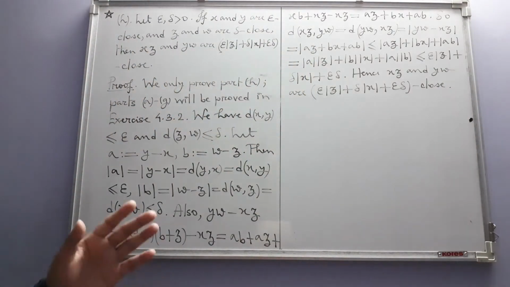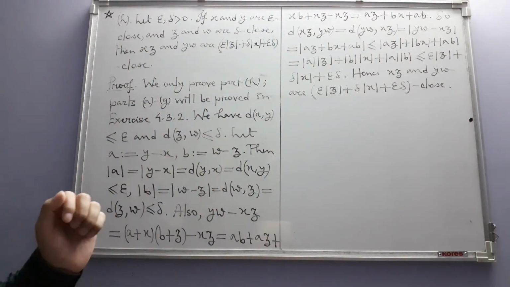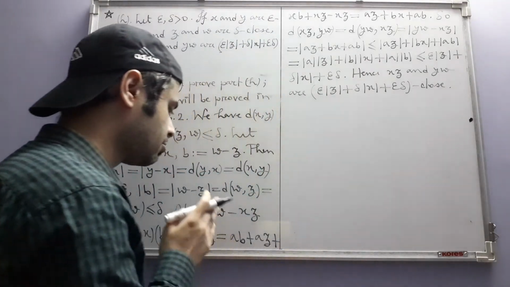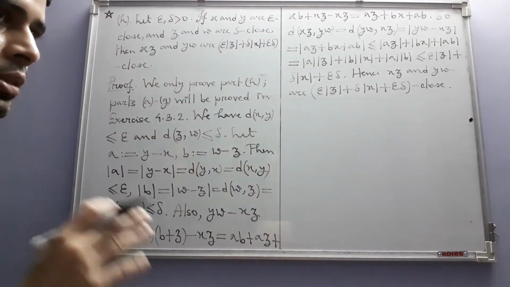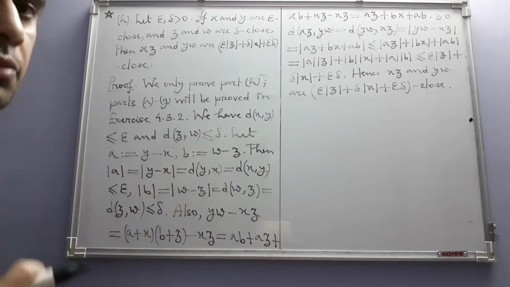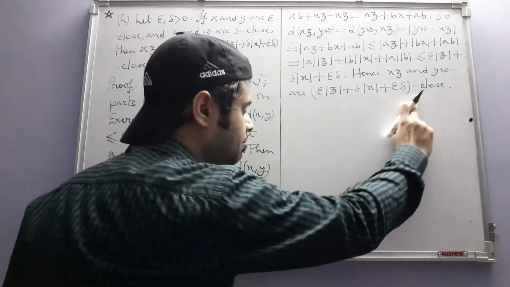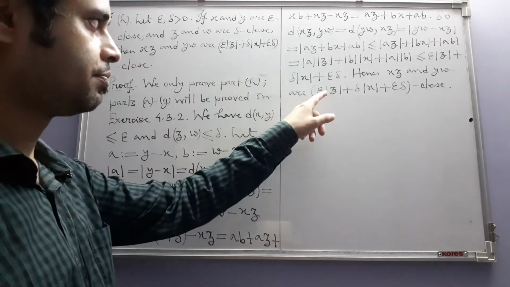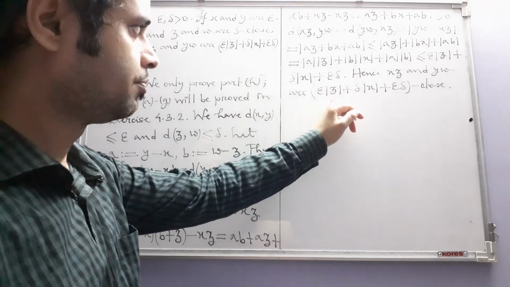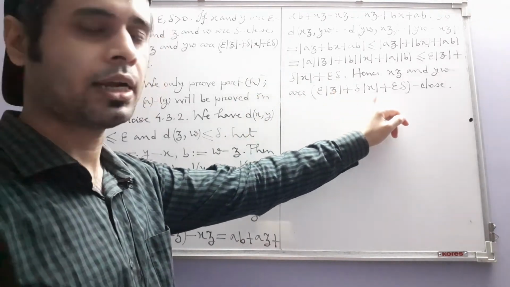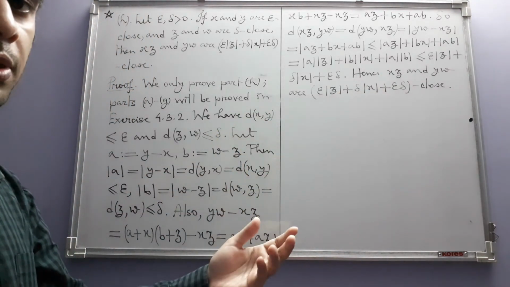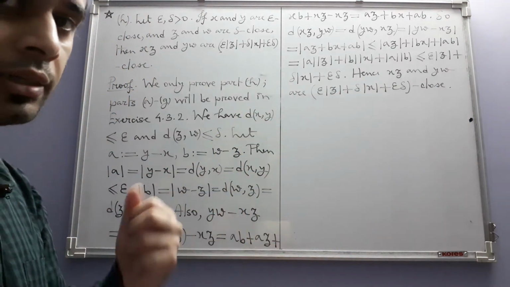Note one very subtle thing before we end this proof and move on: whenever we say that two rational numbers are this close, this should be a positive rational number. Is this a positive rational number? Epsilon is positive, delta is positive, so there is no problem. The absolute value of z and the absolute value of x, from non-degeneracy of absolute value, are non-negative rational numbers.